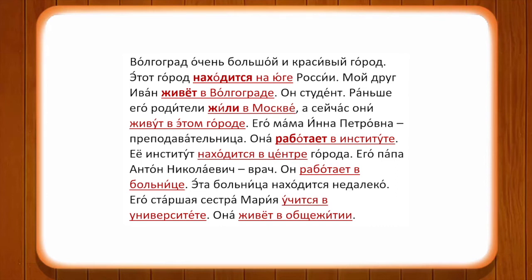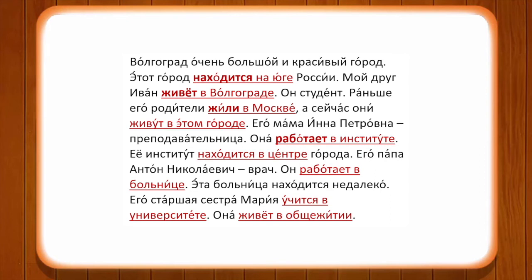Now we will go ahead to the second part of the text and pay attention to some of the important words and expressions. The second part of the text is Она работает в институте. So она means she. It is indicated for whom? For Inna Petrovna, mother of Ivan. Она работает в институте.